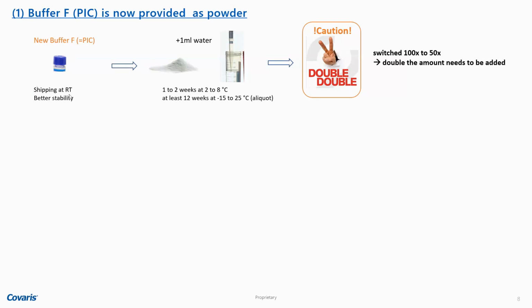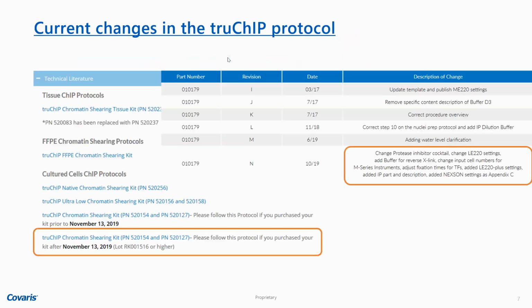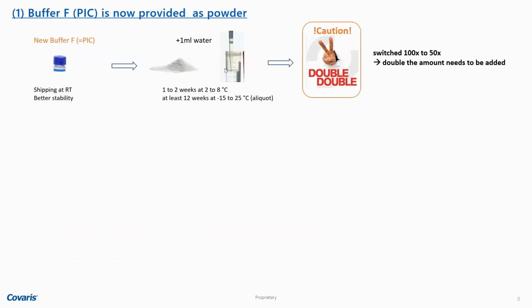Meaning that if your kit is for any reason stuck somewhere, let's say at customs, you wouldn't have any issue that it has to be stored cold. So upon arrival, you will dissolve the powder yourself with water, and we outline exactly which water you should be using in the kit.